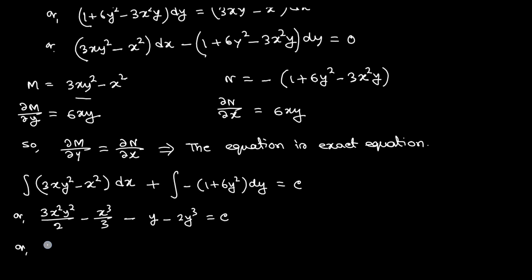So 9x square y square minus 2x cube minus 6y minus 12y cube is equal to c. Actually this will be 6 into c, and you can write this equal to c dash. Since c is an arbitrary constant, you need not write this portion, just write only c. It does not matter, and this is your answer. Let's write: c is the integrating constant.